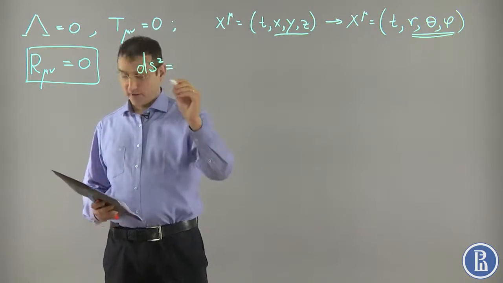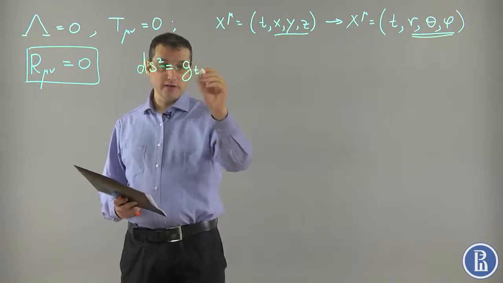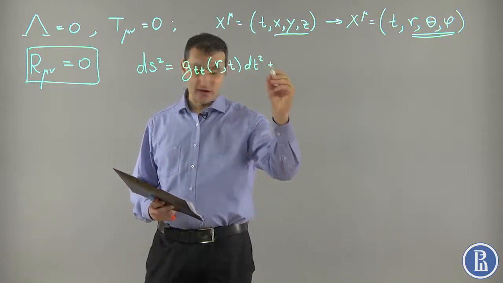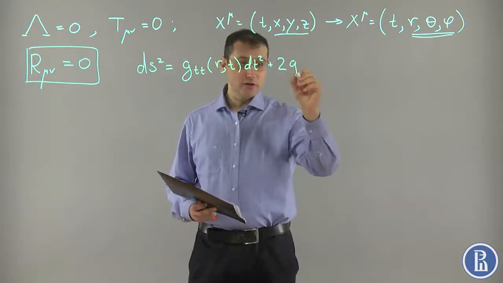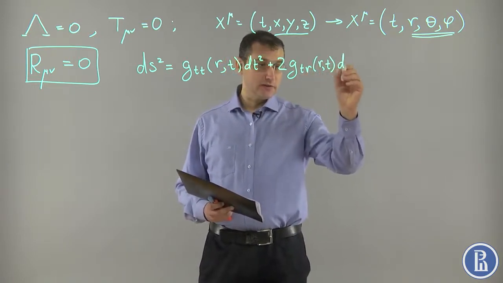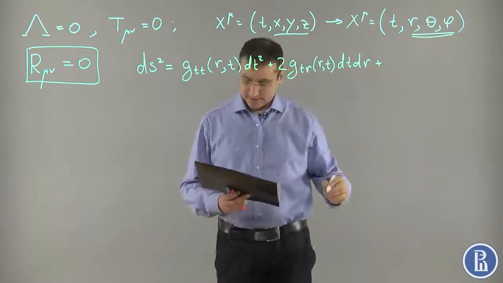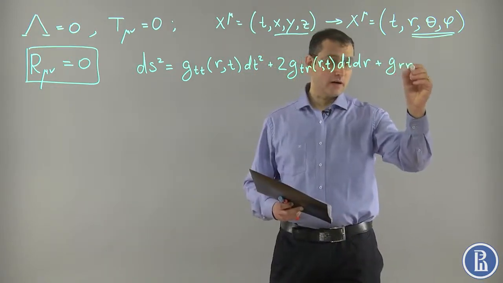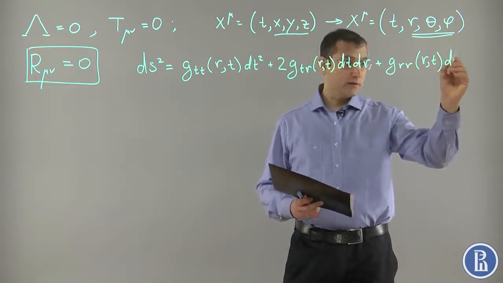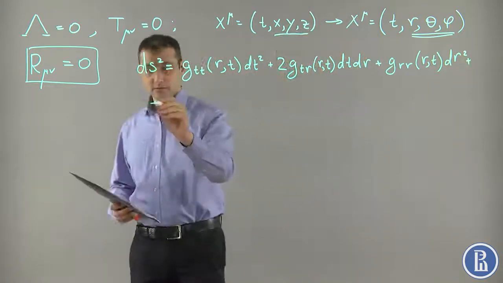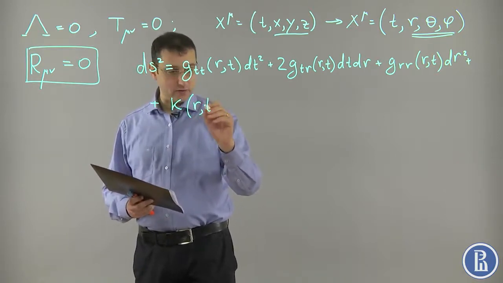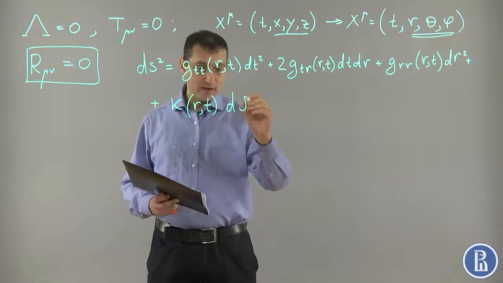ds squared is equal to g_tt, which is a function of only r and t, dt squared, plus 2 g_tr, which is a function of r and t also, dt dr, plus g_rr, which is again a function of r and t only, dr squared, plus k, which is a function of r and t only again, times d omega squared.